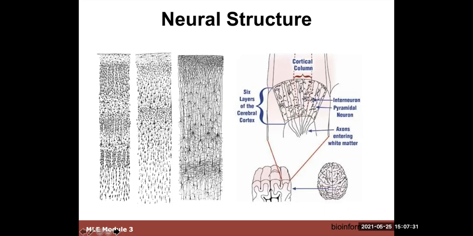And people have noticed in general that there are multiple layers in the brain where there are dense collections of neurons, then it's lighter, and then more dense collections, then it's lighter. And that layering is something that's been known for probably more than 100 years. Typically, it's 6 layers that they generally see, and they are part of the brain where most of the logic and reasoning is done.